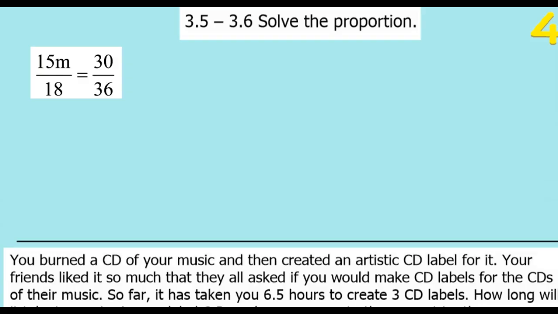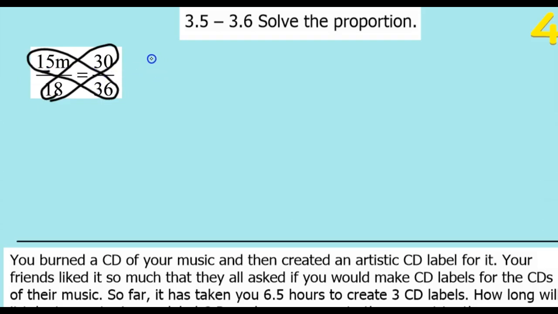Okay, moving on. I have 15m over 18 equals 30 over 36. I'm still cross multiplying, so I'm going to cross 18 times 30 and 15m times 36.